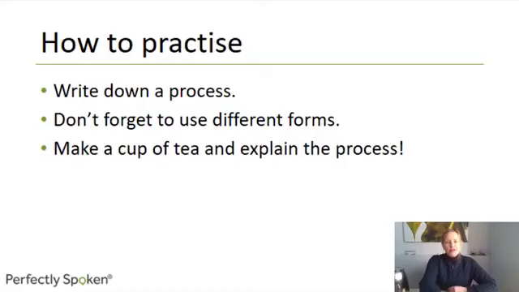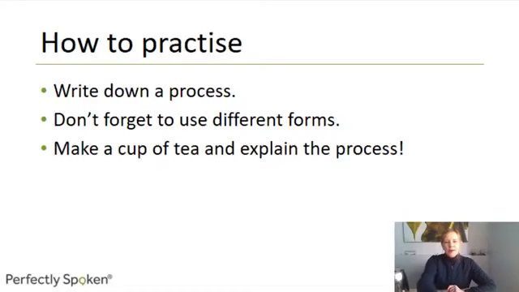Okay, so write down a process. Also, when you're writing the process, practice using different forms, okay? So you can use must, you can use can, you can use imperative in positive or affirmative and in negative.